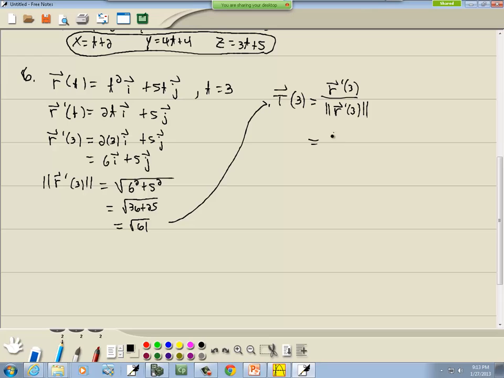So we're going to have 6i plus 5j over the square root of 61, which gives us 6 over square root of 61 i plus 5 over square root of 61 j. And we probably don't want to switch that over yet to the proper form. We don't really care anyway.